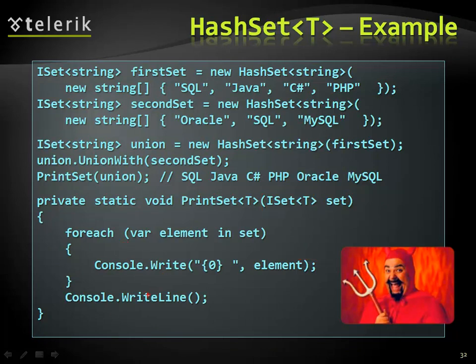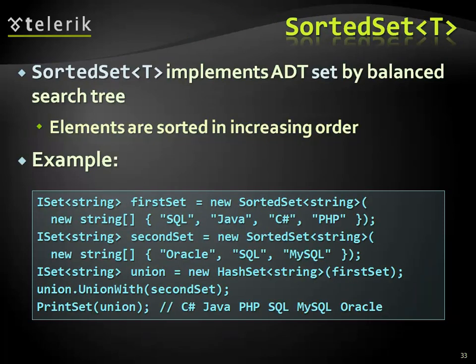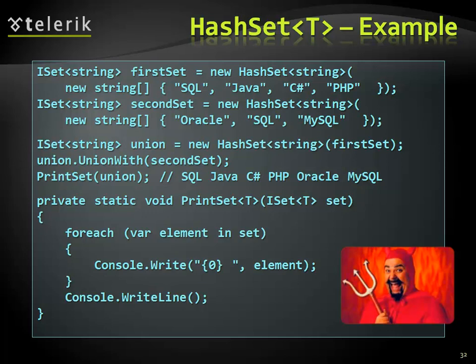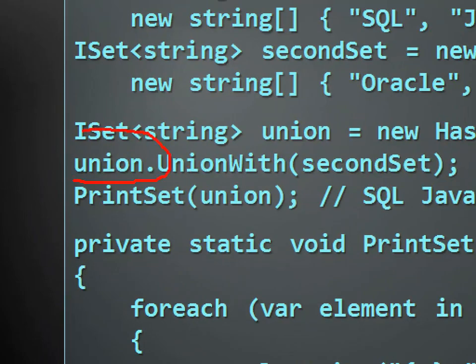that element. Okay. So, sorted set, what does it do? Well, by the way, UnionWith says change this thing over here and make it equal to the union of the two things. It doesn't give you a new set. It operates on this one.